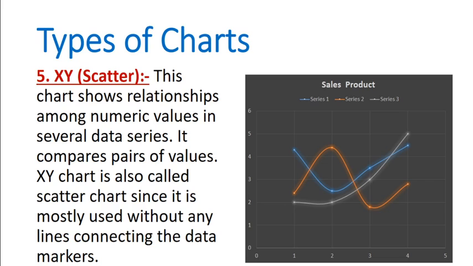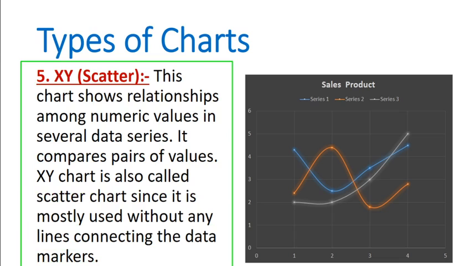Next, the fifth type of chart is the XY scatter. What is it? This chart shows relationships among numeric values in several data series. It compares pairs of values.